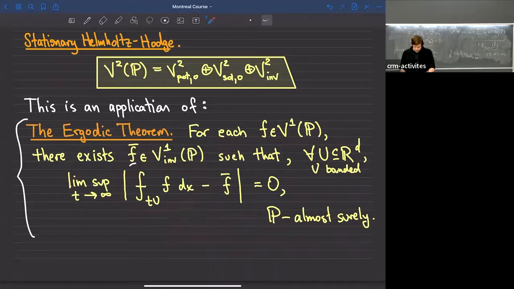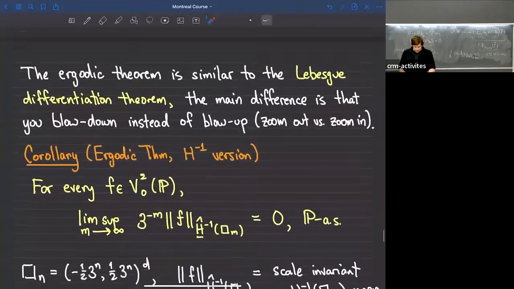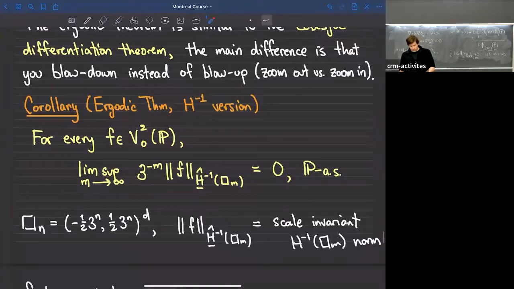So if you translate what this says, not for just integral averages where you're multiplying by the indicator function of a big domain and then integrating, but instead you test with more Sobolev functions, which you can do, then you get this statement, which is the H-1 version of the ergodic theorem.